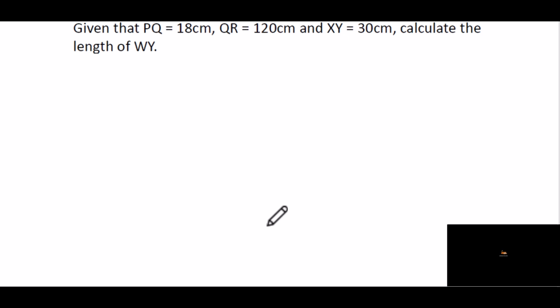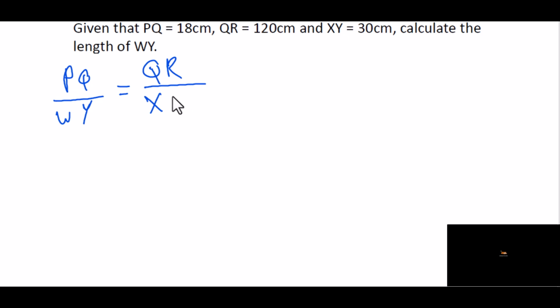What we want to find in this particular case is PQ over WY, which is equal to QR over XY.